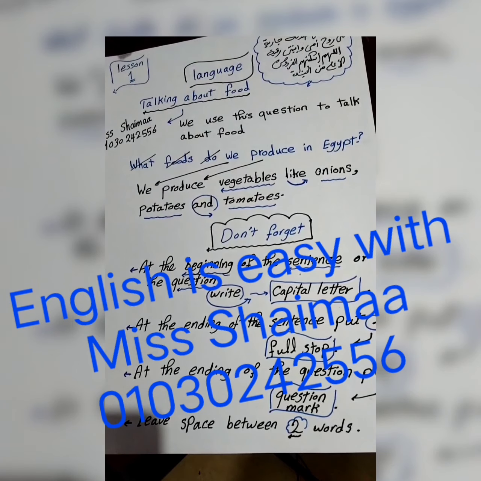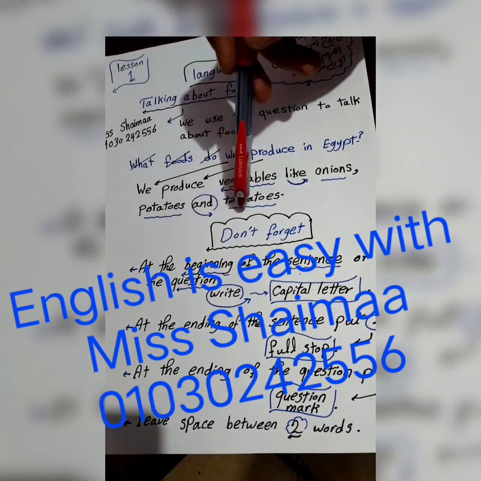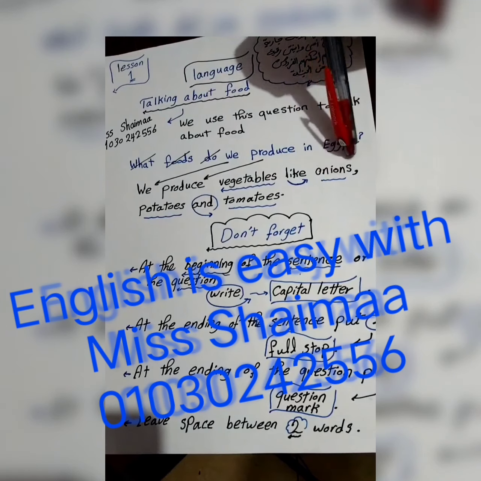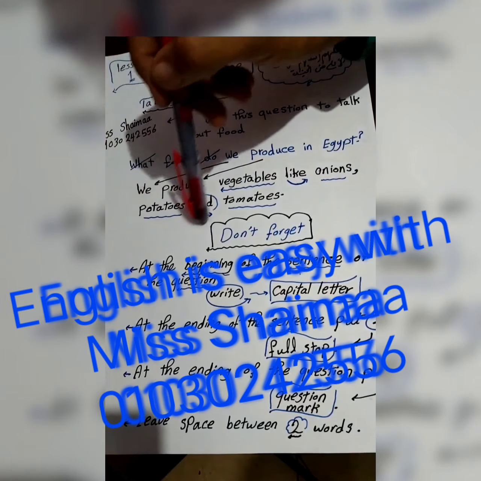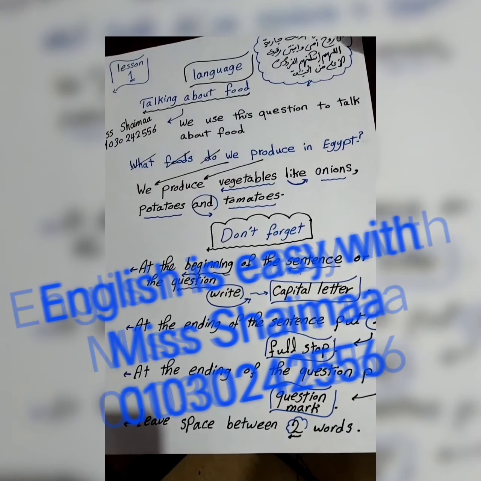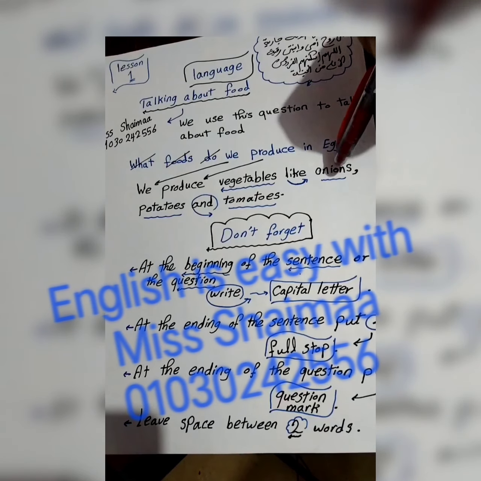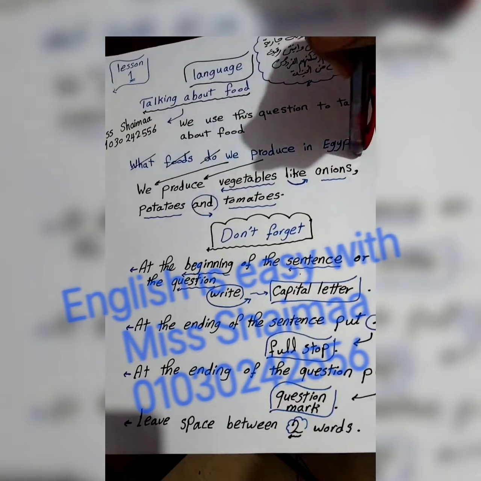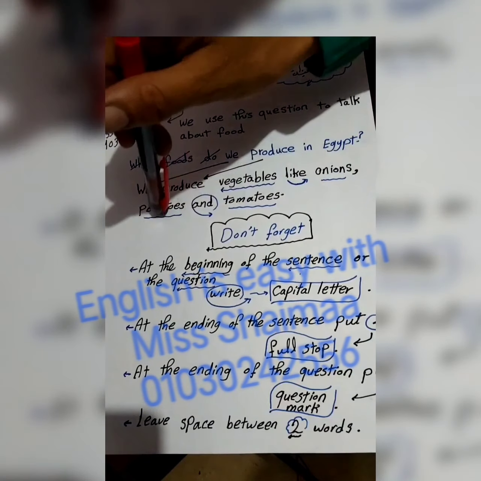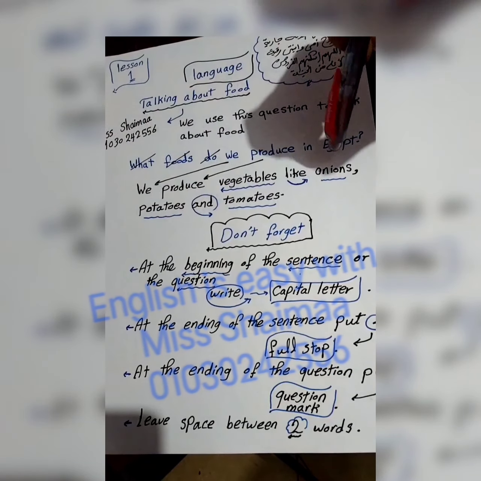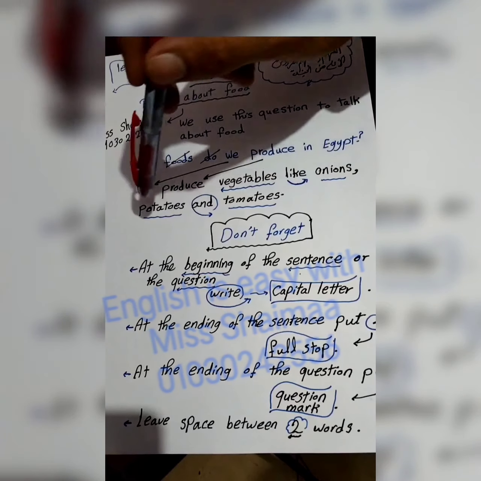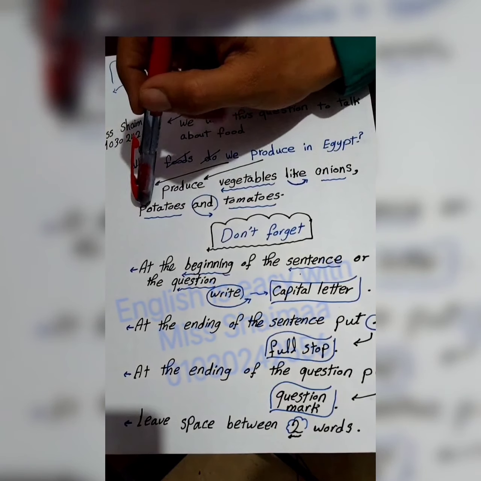Vegetables like what? Like these vegetables: onions, potatoes, and tomatoes. Don't forget to put a comma between the first words, onions, potatoes.